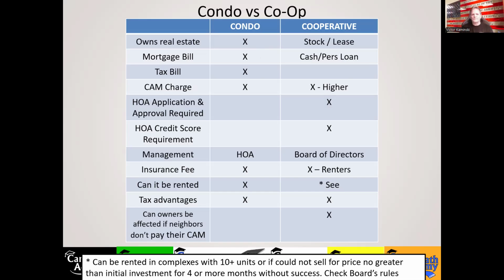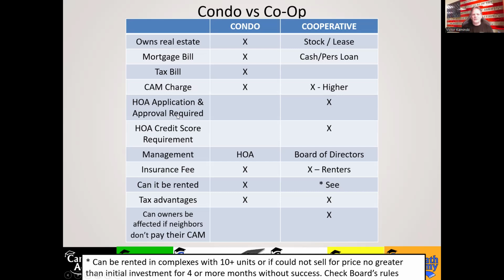That's why they're higher. The CAM charge, that's the common area maintenance fee for maintaining those common areas. You got one in condos, but it's higher in co-ops because they include the taxes, insurance, and other things in there. Usually a water or a heating bill would be included as well.